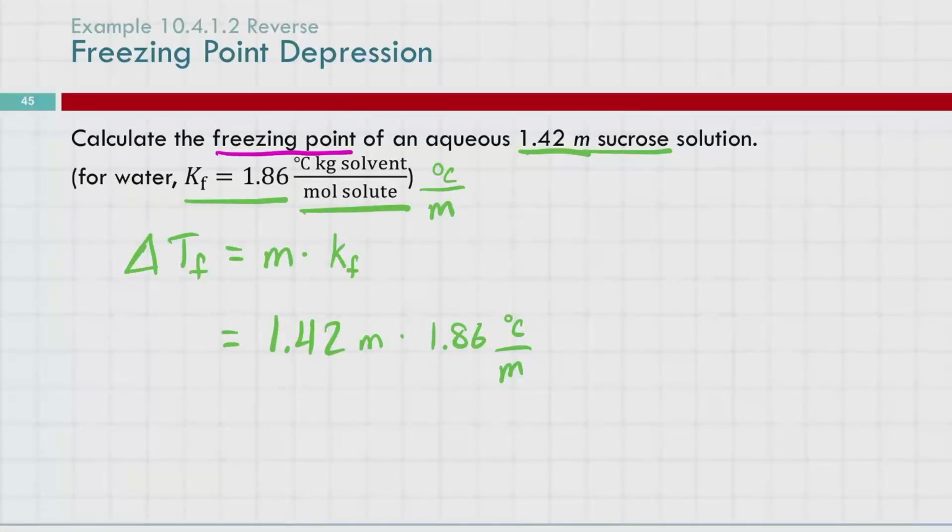The molalities cancel. And our delta TF is 1.42 times 1.86, or 2.64 degrees Celsius.